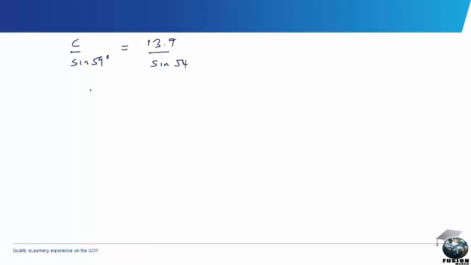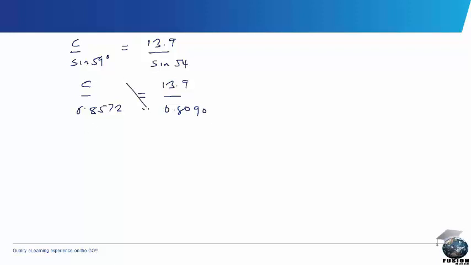Let's see whether it gives us the same thing. Already we have sine 59 to be equal to 0.8572, so C over 0.8572 is equal to 13.9 over sine 54, which is 0.8090.